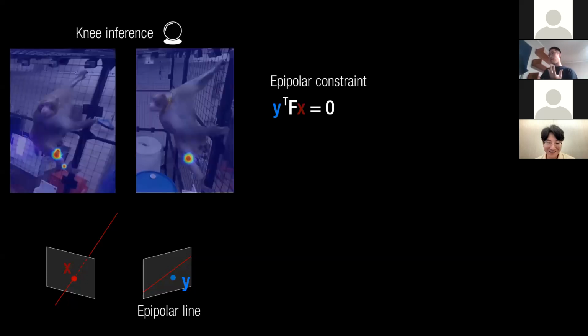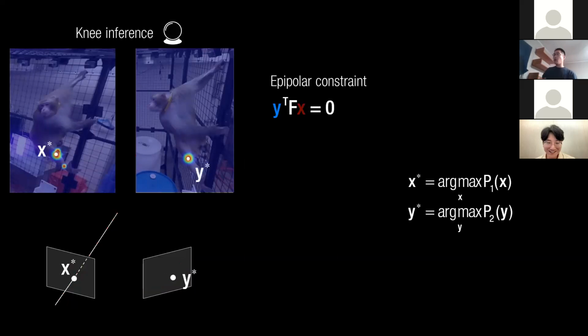Okay, so now I'm going to talk about deep learning. I pass my image to the neural network, and this is my prediction. This is the likelihood of the knee joint predicted from this view and these two views. Now, I can apply the same idea.